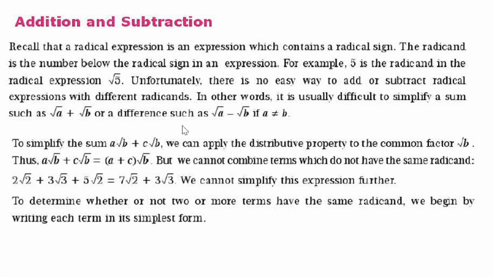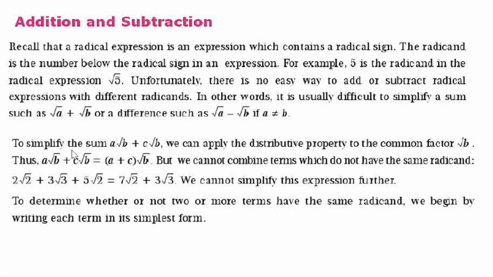Or the difference such as the square root of a minus the square root of b if a is not equal to b. So meaning to say, class, we can only add or subtract if the radicands are the same, as well as the index. If the index and the radicands are the same, then we can simply add or subtract their coefficients.